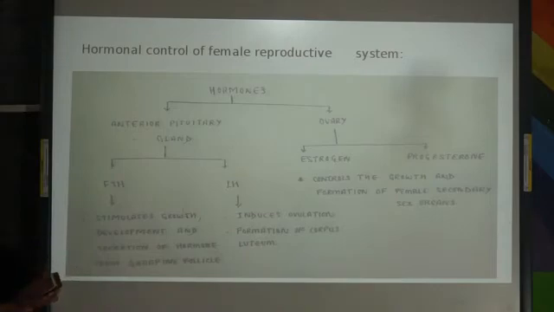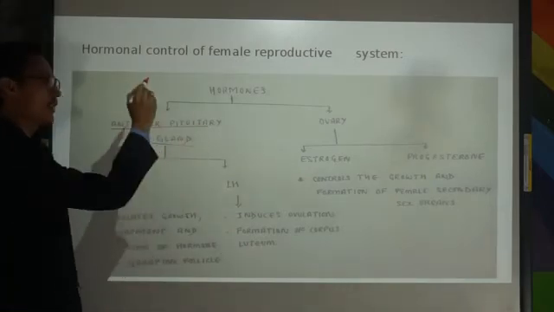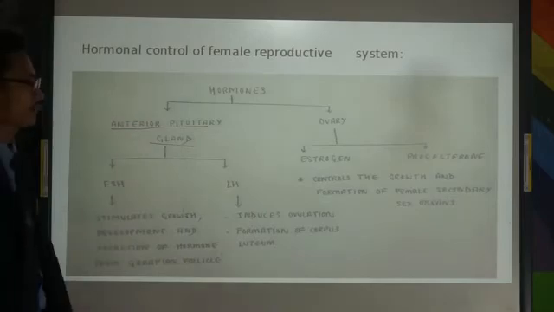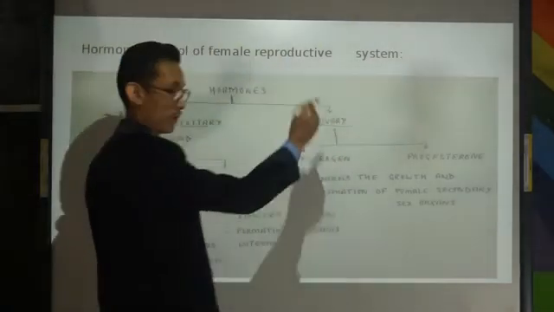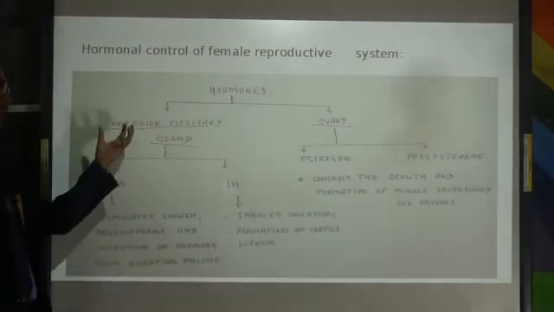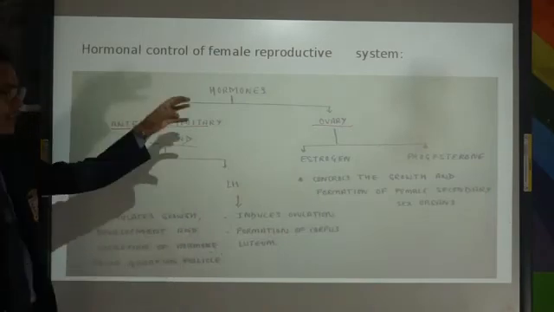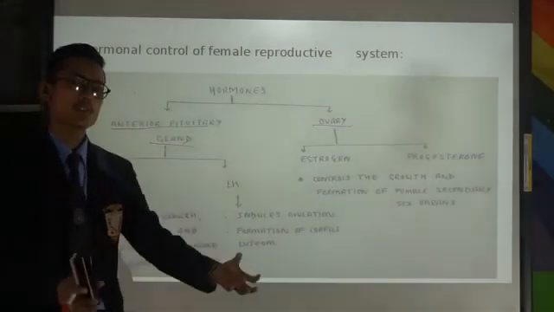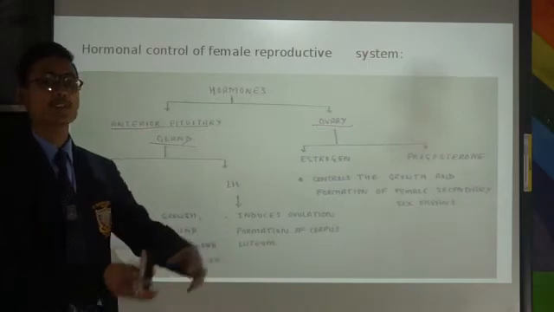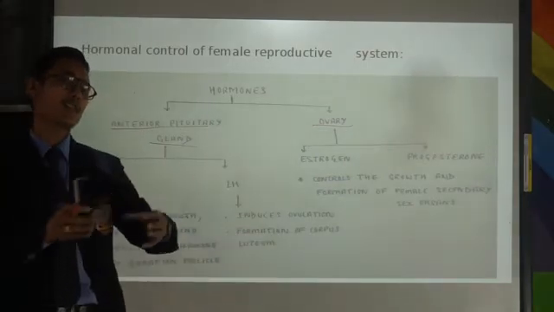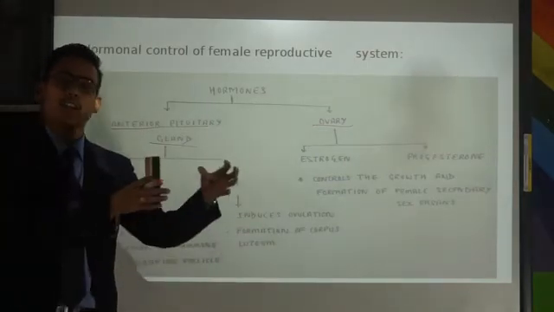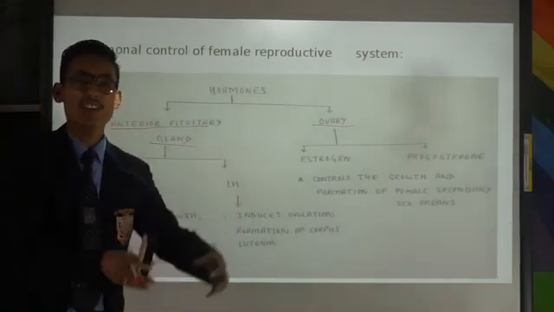Generally the hormones are produced from the anterior pituitary gland and from the ovary. So from the pituitary gland and from the ovary, the hormones will be produced. It is essential for the functioning and for the development of the female reproductive structures or system.